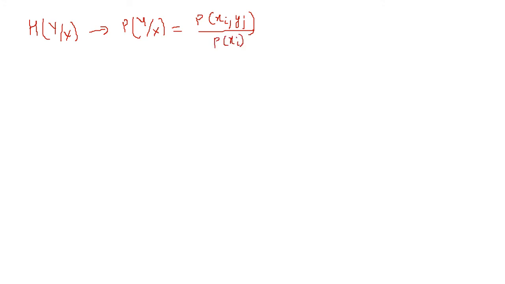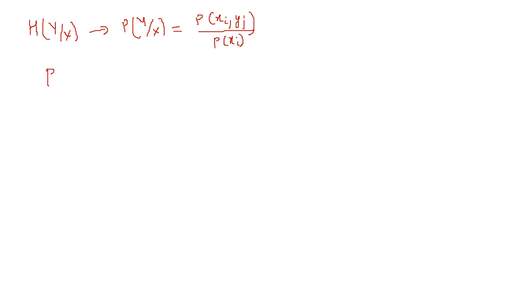Now to find h of y by x, we need to know the probability matrix p of y by x. To find this p of y by x, we can write p of y by x is equal to p of xi comma yj, that is joint probability element, divided by p of xi, that is each row we are going to divide with p of xi.